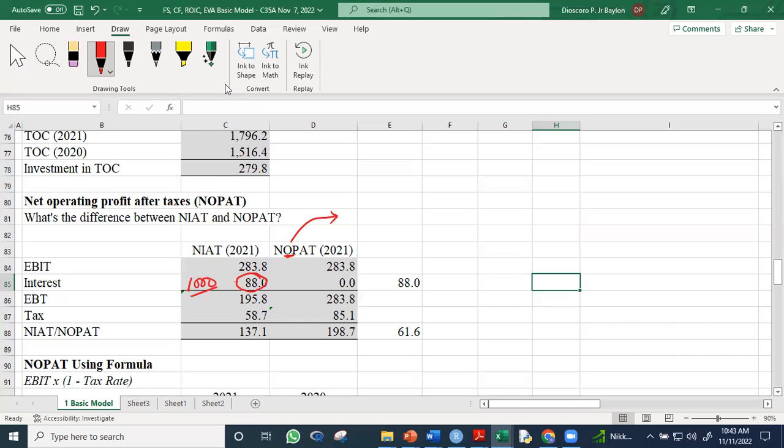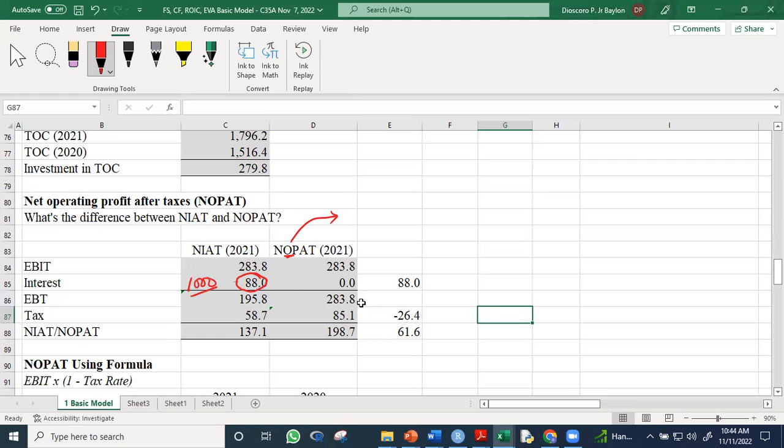The difference. Ano yung tax ni NIAT? Mas malaki o mas maliit? Di ba mas maliit? By how much? Okay. But you're correct, Marian.